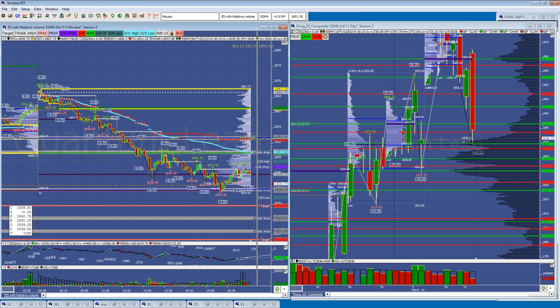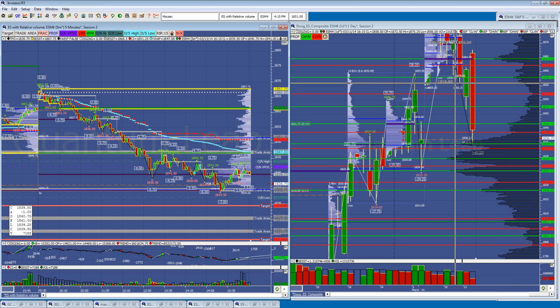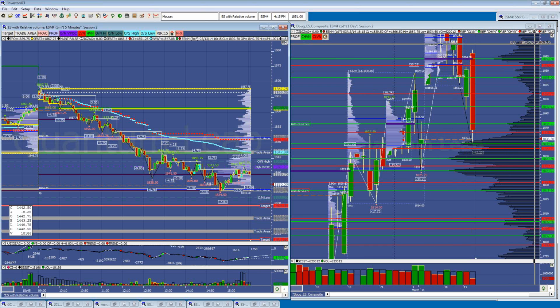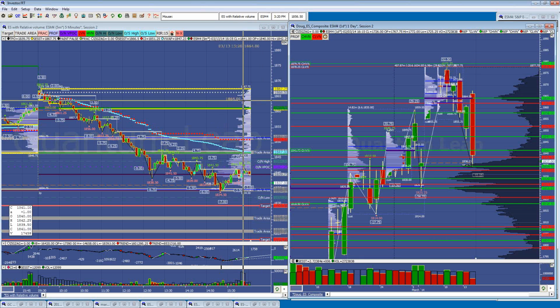And it is a target, but it's a trade area as well, because if we get above 52.25, then they're going to try to go and hit this 58 area and get back inside of the range of this microcomposite, possibly coming up and testing the value area high up here at 61, 60.